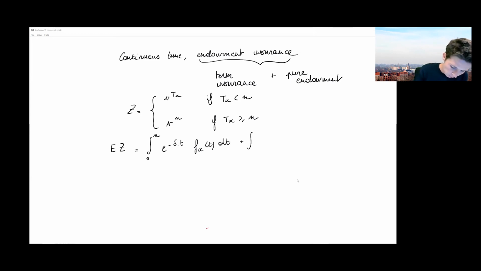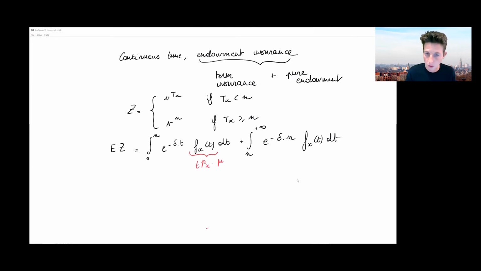And then if we go beyond n, so from n to plus infinity, we're going to work with e to the power minus delta times n, and again the density function evaluated in t. So that is what happens if I split up my expression. We remember from what we derived earlier on that this density function can be written as tpx, the survival probability, multiplied with mu x plus t. And the same applies over here.